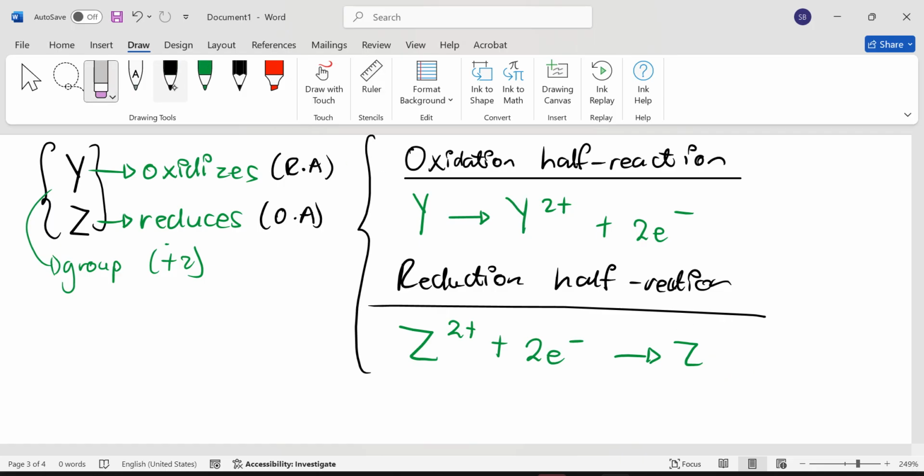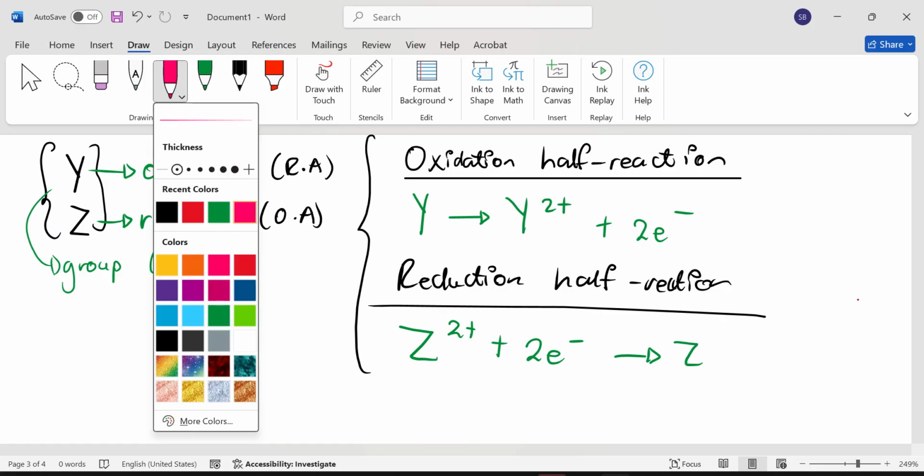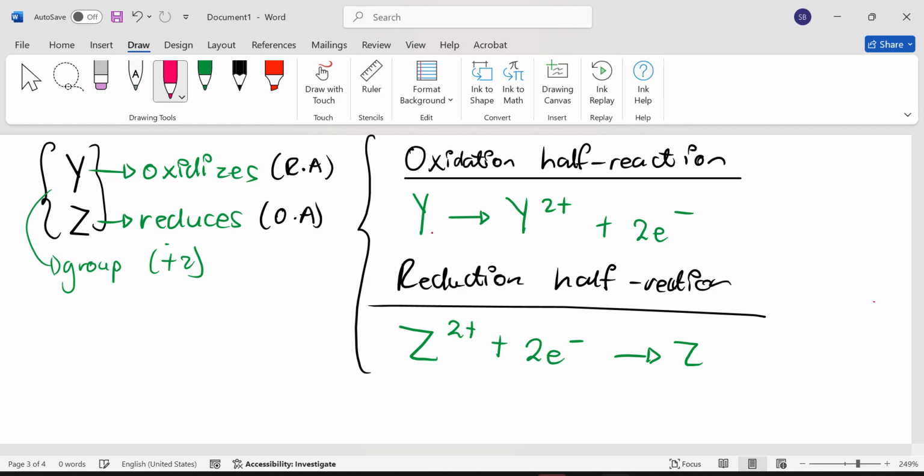Now notice something. In these two, I moved from an oxidation number of 0 to an oxidation number of 2. The oxidation number increased, therefore it undergoes oxidation. But also notice something. Remember, when something oxidizes, it loses electrons, so it gives away electrons. When you lose electrons, whatever it is that you've released becomes your product.